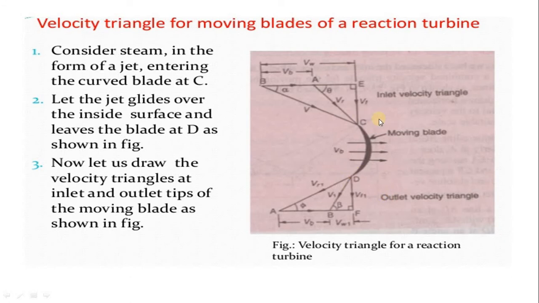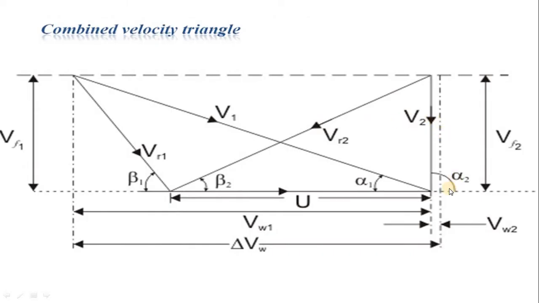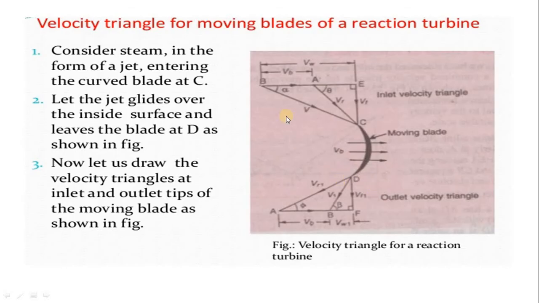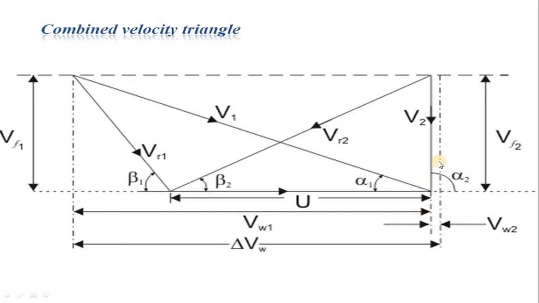So this is the velocity triangle. Here you will get the idea that angle alpha is exactly equal to angle phi, as well as angle theta is equivalent to angle beta. The value of Vf1 is exactly equal to the value of Vf2.